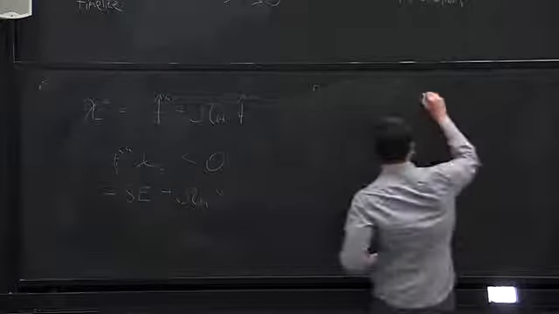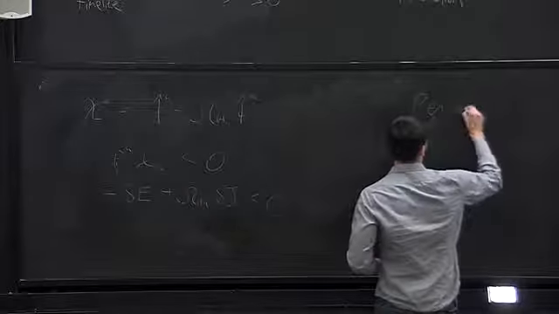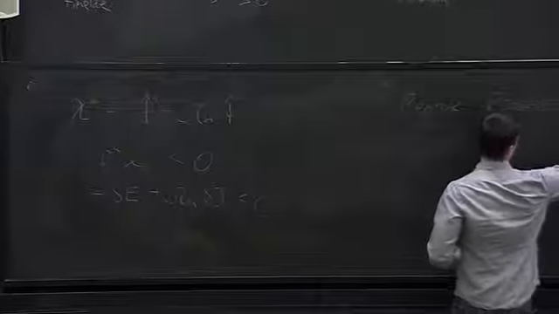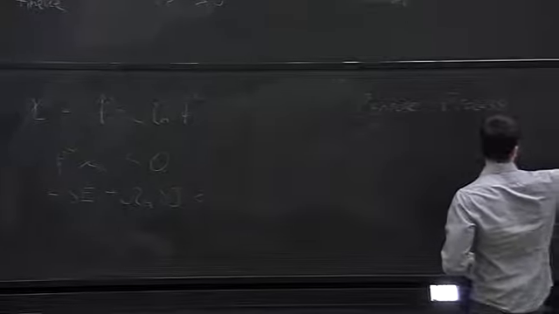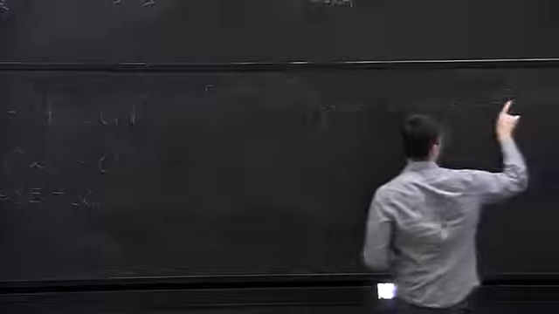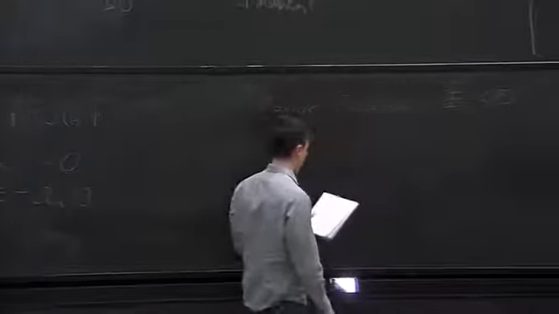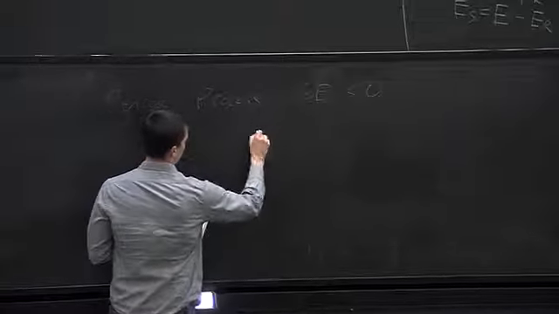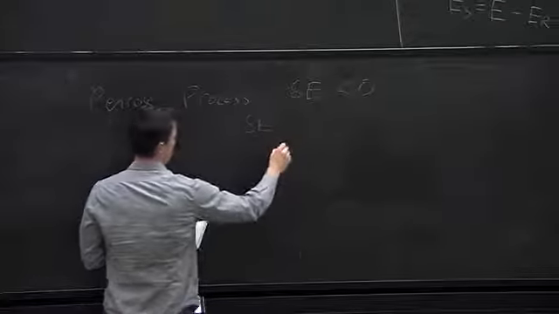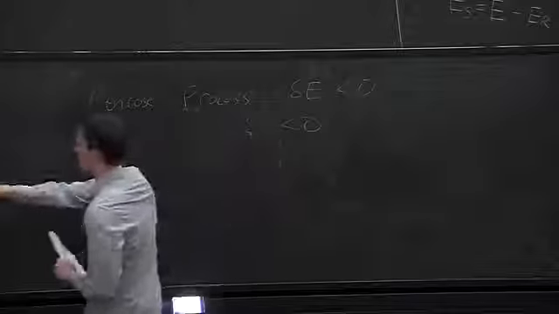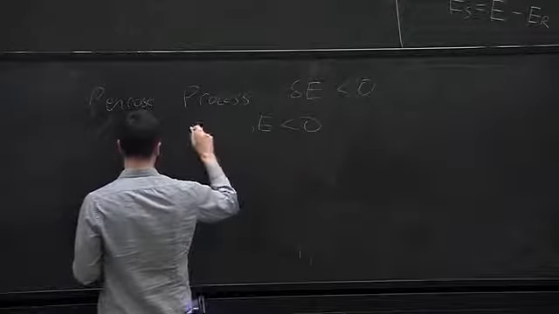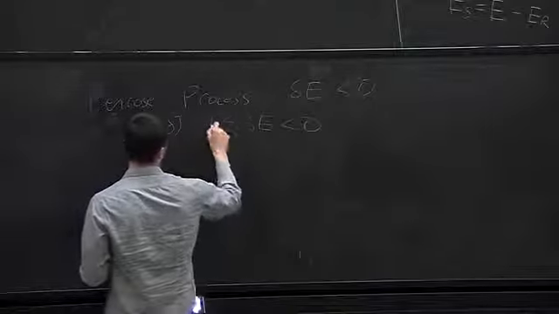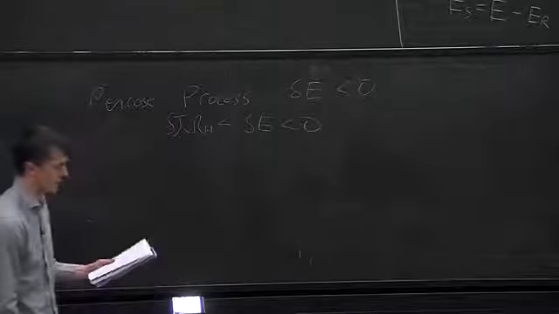So if we have a negative Killing energy particle, that means we have delta E less than 0, and then by this expression delta J times omega_H also has to be less than 0.